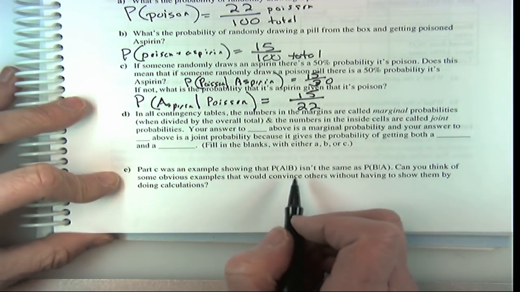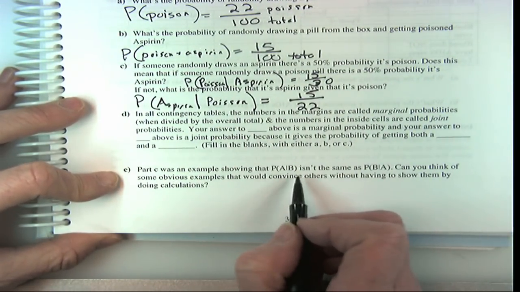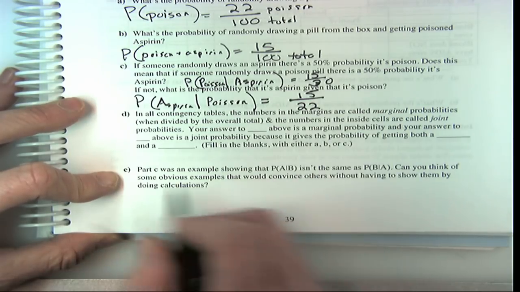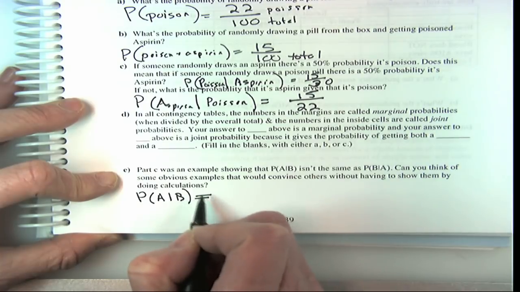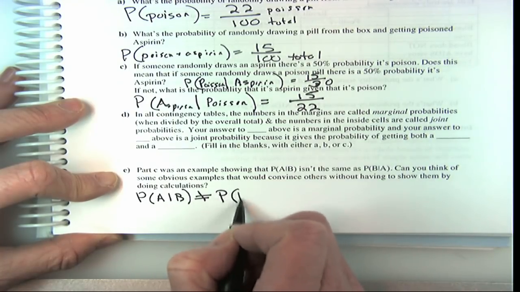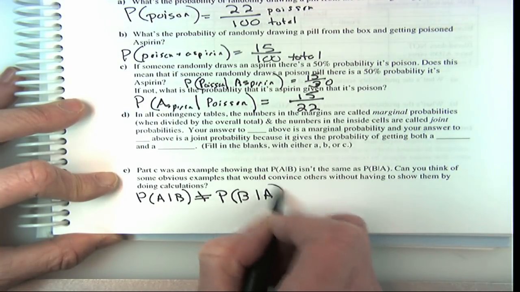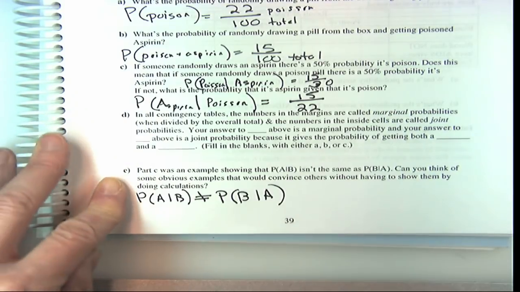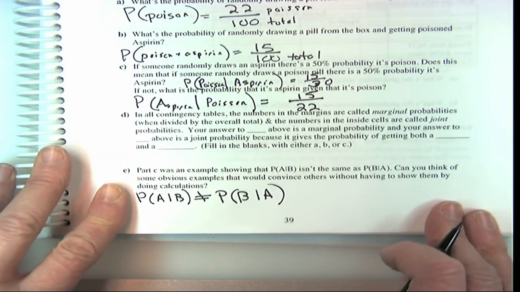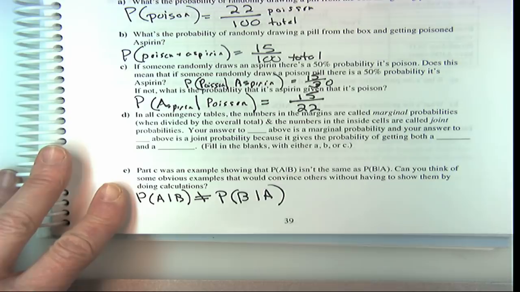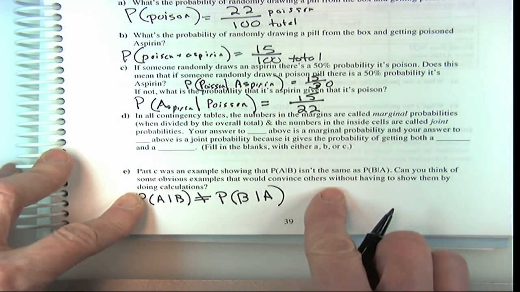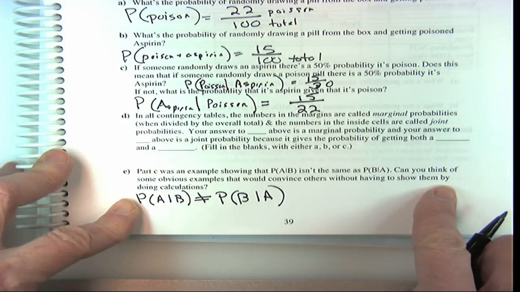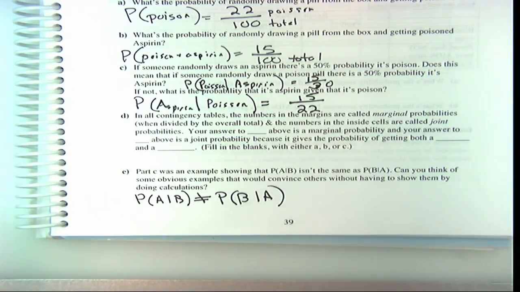Part C was an example showing that the probability of A given B is not the same as the probability of B given A. And a lot of people think that it would be, but actually it's pretty obvious that it's not. Can you think of some obvious examples that would convince others without having to show them by doing calculations? I bet almost anything you thought of would do that.